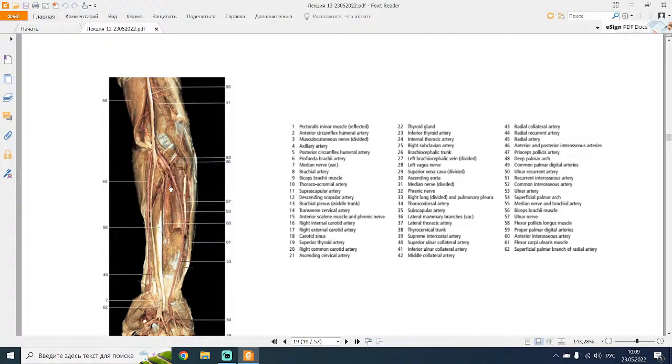You see arteria radialis, arteria ulnaris. This is arteria recurrens ulnaris, and you see next artery, arteria collateralis ulnaris inferior.